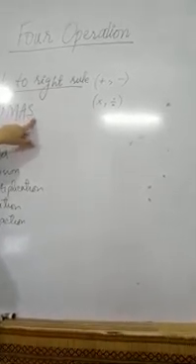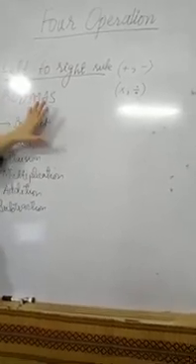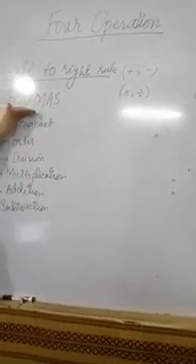First we divide, then multiply, then add, and finally subtract. If brackets are involved in the same combination where more than two operations are involved, then we first evaluate the brackets and then perform the rest of the operations.